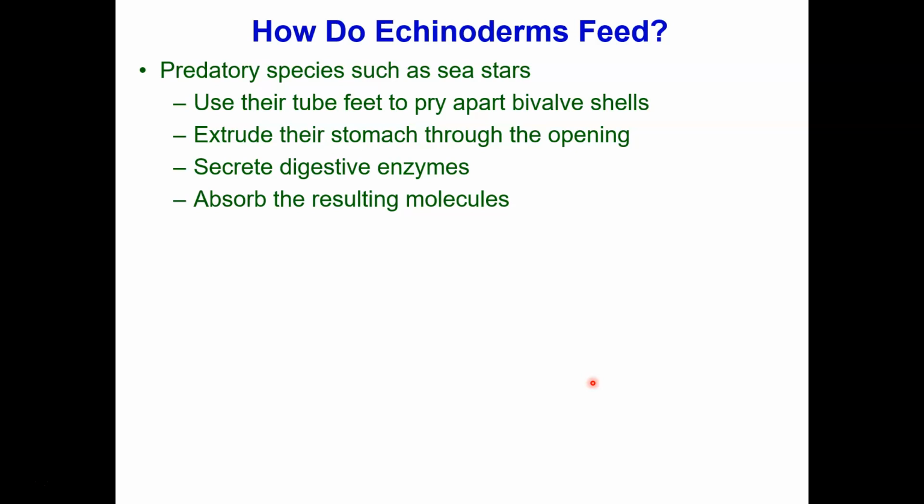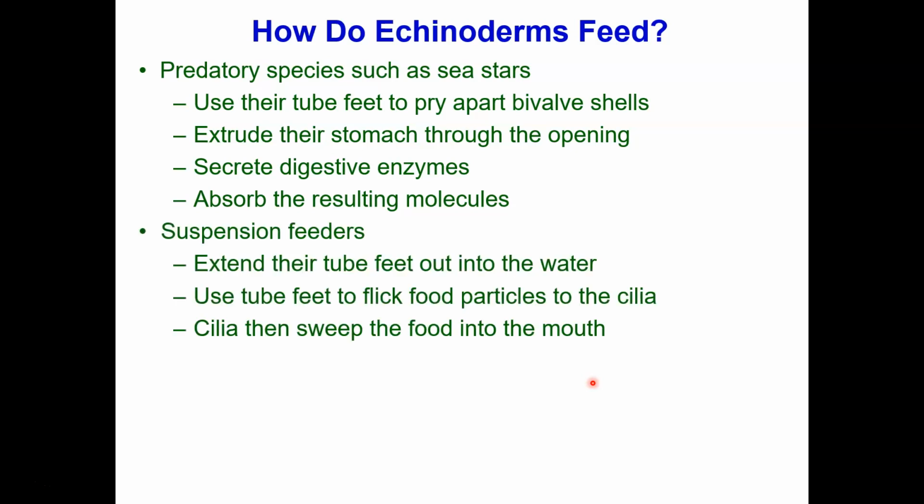The poor helpless bivalve undergoes digestion. What happens when you have digestive enzymes on bivalve flesh? It starts digesting the flesh, and then the digested components are absorbed back into the stomach, and the stomach goes back into the starfish's body.